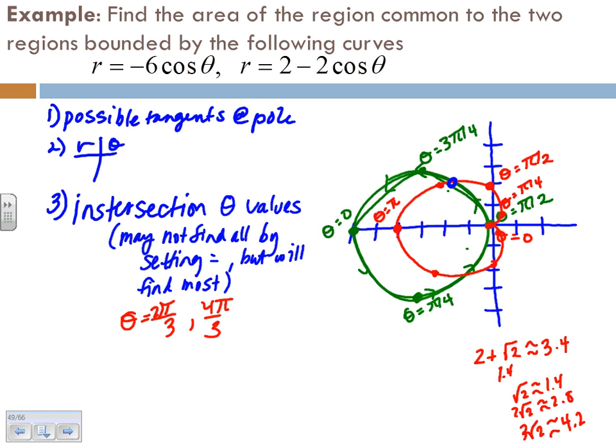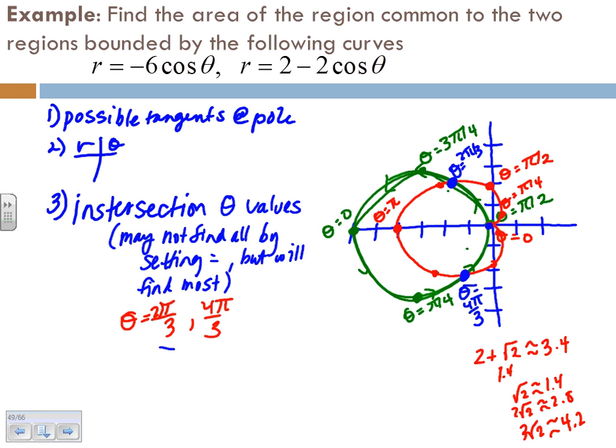Well, right here, what theta is that going to be? 2 pi over 3. And the other place where they're intersecting right here is what theta value? 4 pi over 3. Now, which one did you not find when you set them equal? The pole.